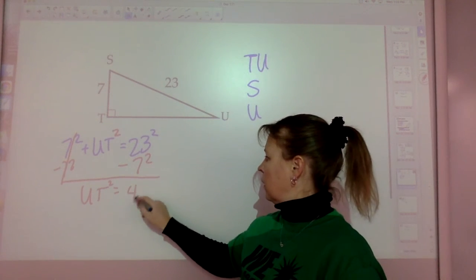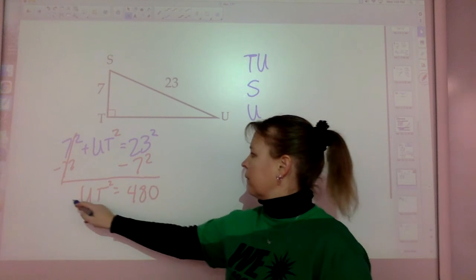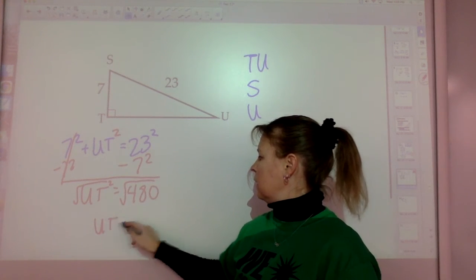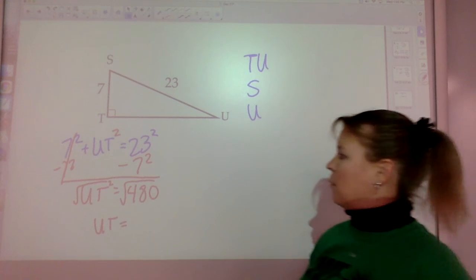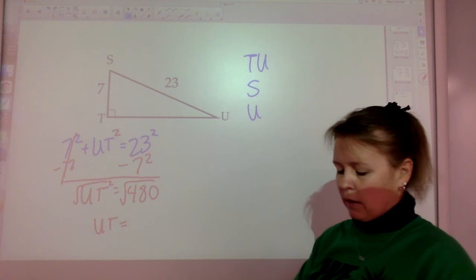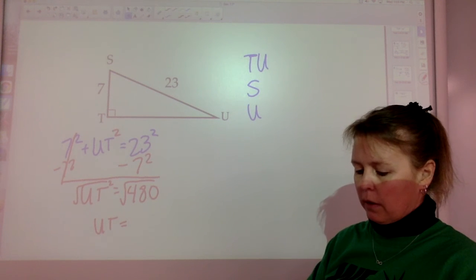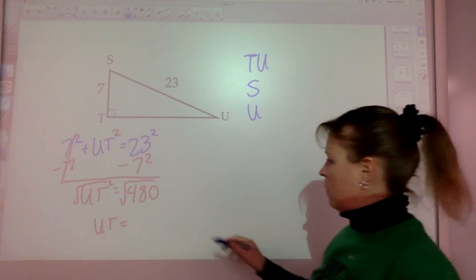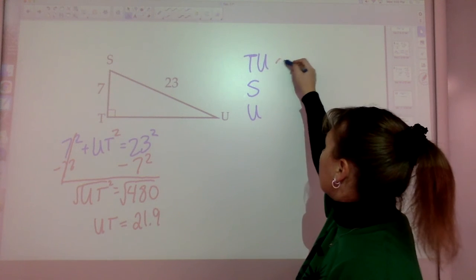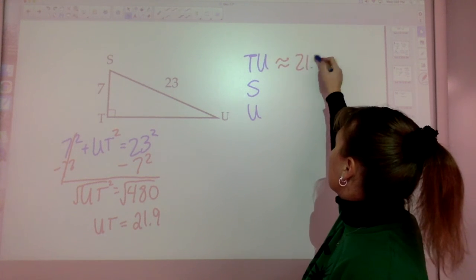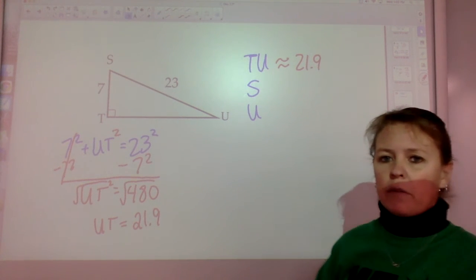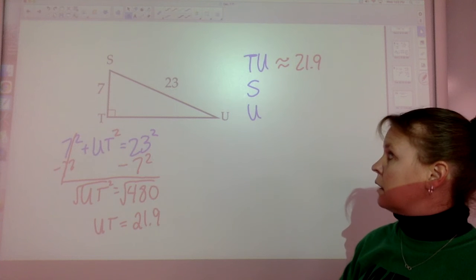Not the same. 480, you square root that, UT equals, and we're going decimal. Isn't that nice compared to breaking it down? The square root of 480 is 21.9. We are not using that for further information. We're just using it to get the answer.